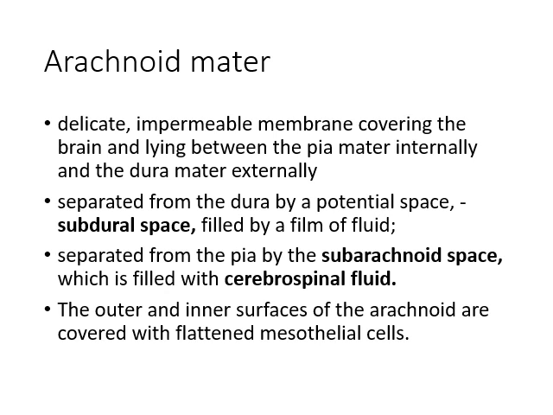So on either side you have the subarachnoid space, which is an actual space, and the subdural space, which is a potential space. The subarachnoid space is the one which is filled with cerebrospinal fluid. And the outer and the inner surfaces of the arachnoid are covered by flattened mesothelial cells.